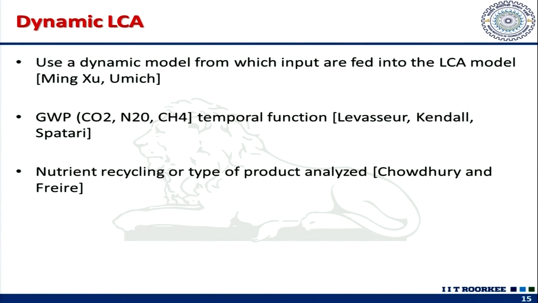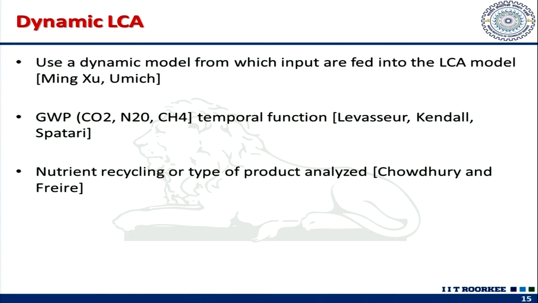Dynamic LCA can be produced by using a dynamic model, with factors that are temporal functions. If you use that kind of information in your calculations, then your LCA is dynamic. In our case, we found that if I use nutrient recycling, which generally happens in waste-based biorefinery, the system is also dynamic to some extent, similar to what Ming Zhu from the University of Michigan has developed.